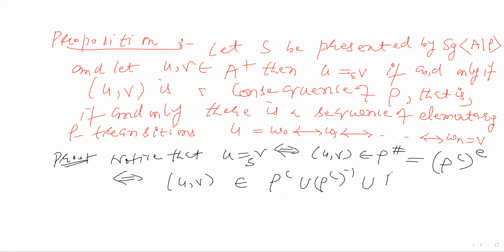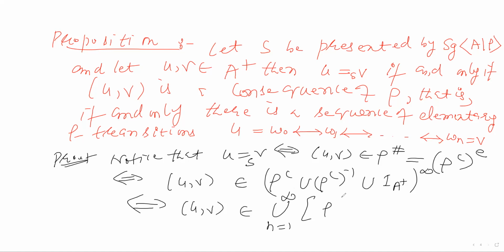union identity on A plus, to the power infinity. Or you can say that this is if and only if (u, v) belongs to the union, n running from 1 to infinity, of (ρ_C union ρ_C inverse union identity on A plus) to the power n.